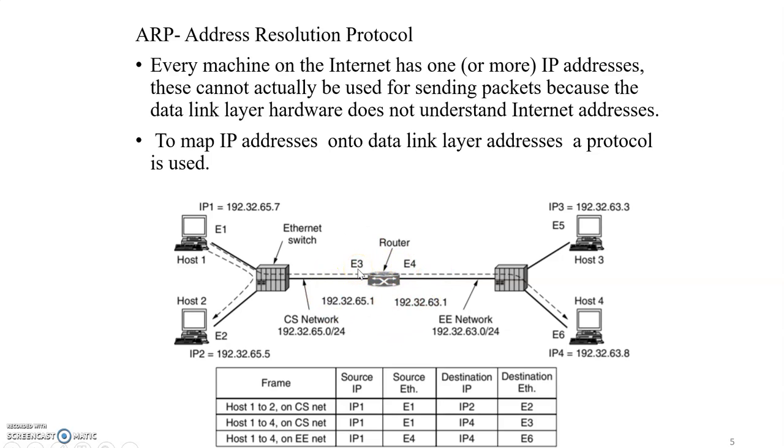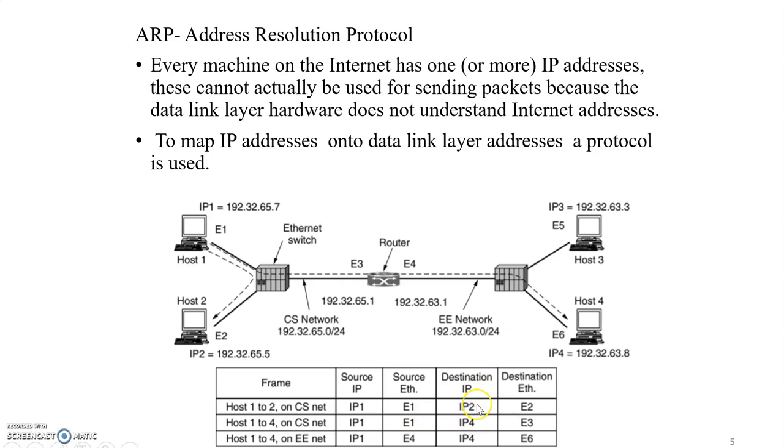When I was discussing the IP addresses, I already made it clear that the switch does not have any IP address assigned to it because it simply broadcasts the frame that it receives. So now when the frame comes into your data link layer, it has the source IP address and it should know the source Ethernet address.